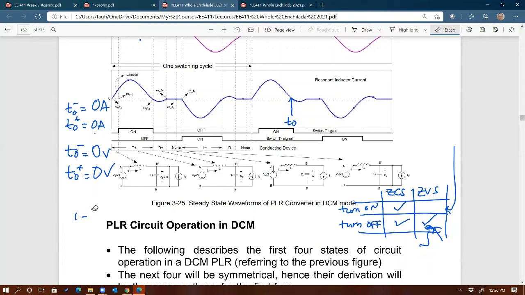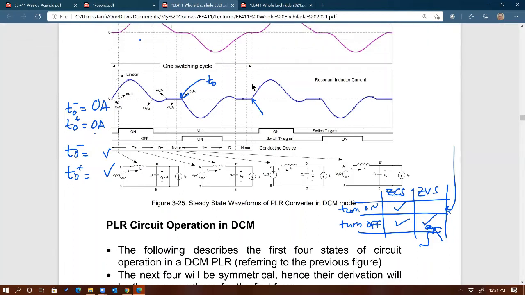Let me erase this. Okay, let's take a look at where T0 is. We are turning on the switch, so the T0 point is going to be different. So let's say you can pick this one, that's one example of T0, or maybe this one. That's our T0 right there.